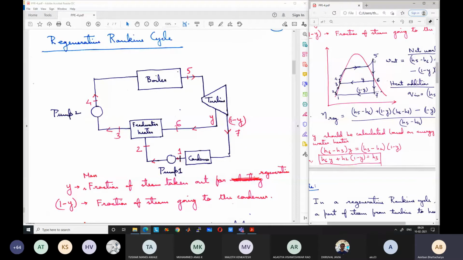So at some point, the pressure is equal to the feed water heater pressure. At that point, you extract some amount of steam directly from the turbine, and this steam is brought to the mixing chamber or the feed water heater. So this mixes with the cold water, and ultimately the mixture comes to state 3.